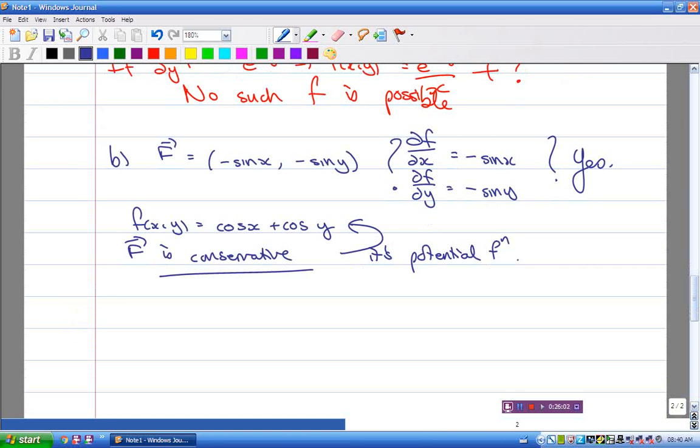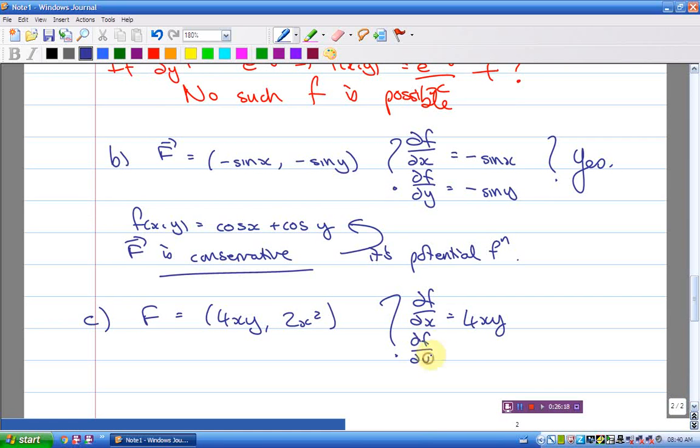And C is a good friend from exercise 10b, and I'm asking, is it possible to find a little f such that its x derivative is 4xy and its y derivative is 2x squared? So you think, okay, I differentiated with respect to x and I got 4xy, so what can I possibly have started with?